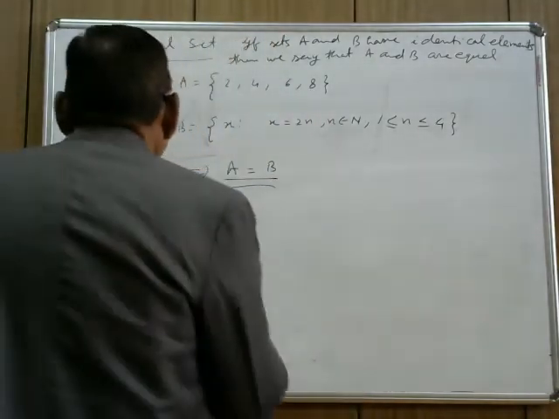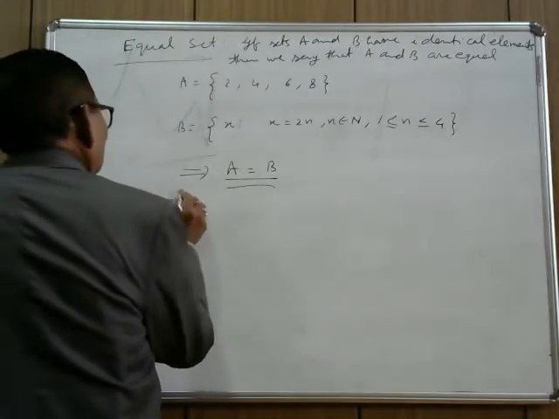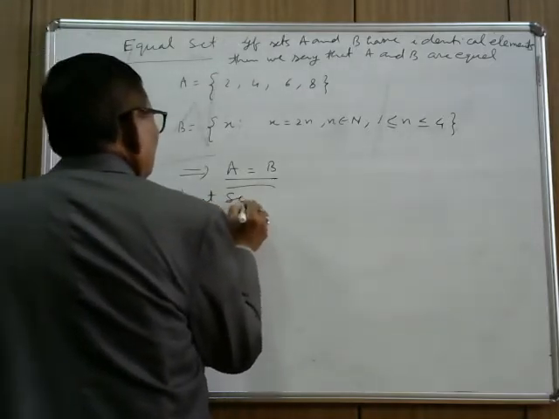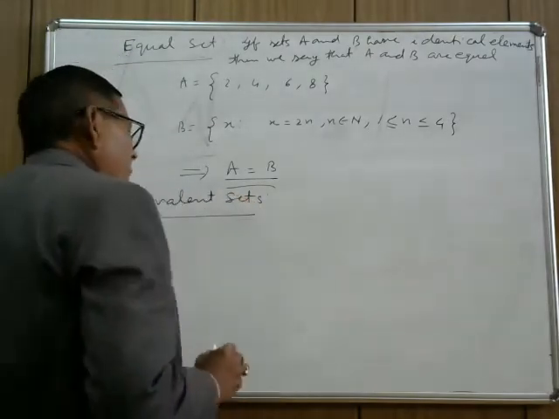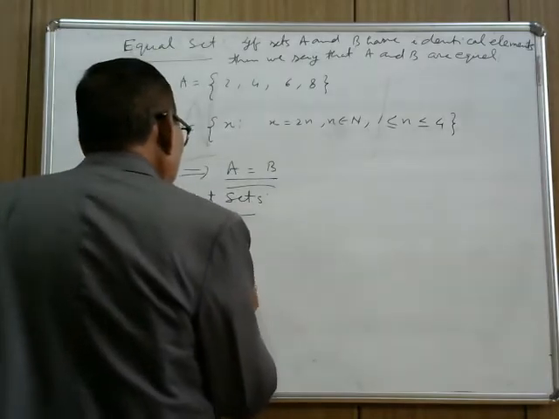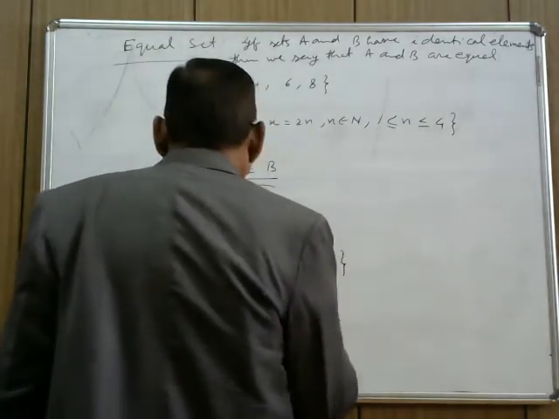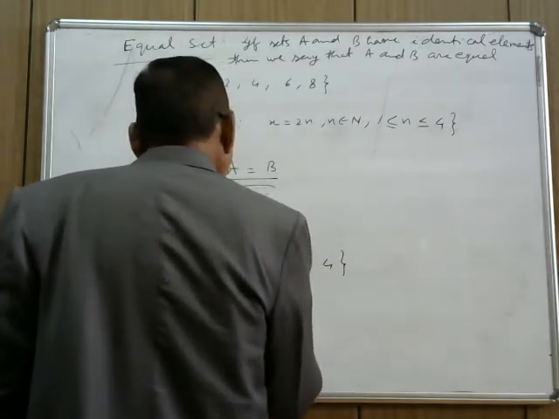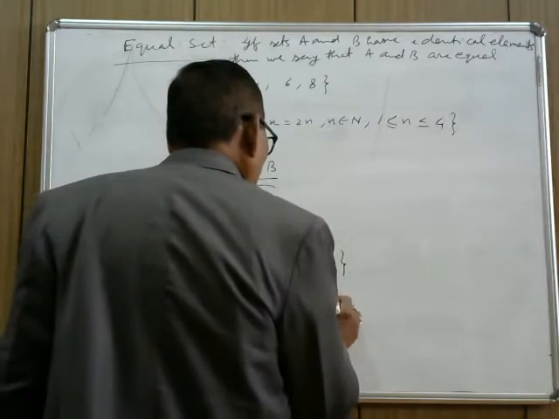Now another, equivalent sets. A set A is given as {1, 2, 3, 4}. Another set B is given as {5, 6, 7, 8}.